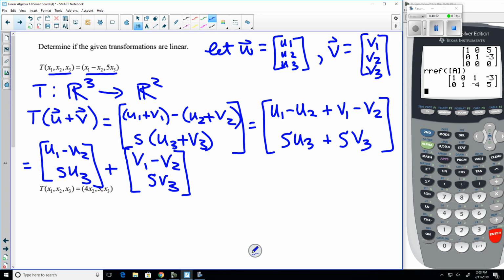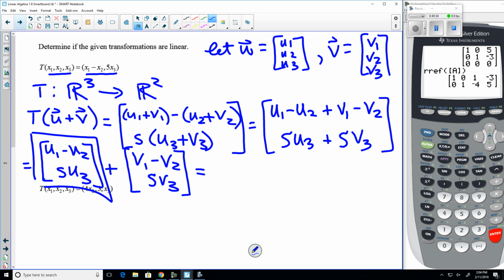What's this first term here? What is u1 minus u2, 5u3? What is that? Look at the definition of T. It's the transformation of u, right? If we plug just u in to T, this is what comes out.